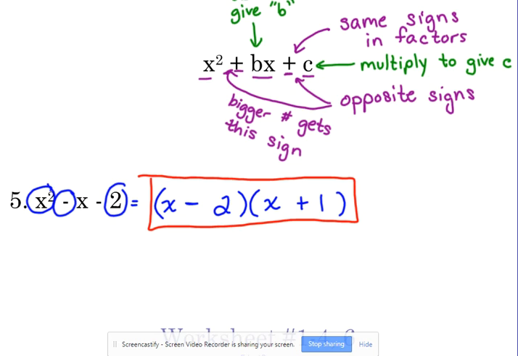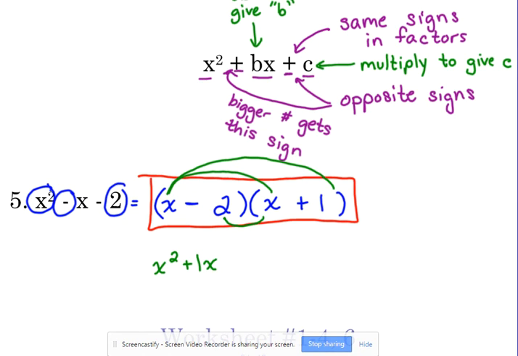But I encourage you to do this. After you have factored, take a second and FOIL it back out, or multiply it back out, whatever method you use, the box. If you use FOIL, whatever you use, multiply it back out. I'm going to use FOIL. First times first, x times x is x squared. Outside, x times 1 is 1x, positive 1x.